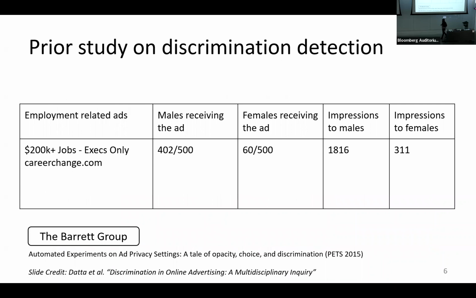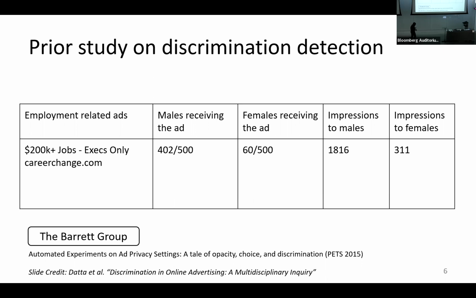Let's start with where the literature started, which is an empirical documentation that discrimination in advertising exists on these online platforms, which might not be surprising. This is from that first paper, where they cited another paper that found this.